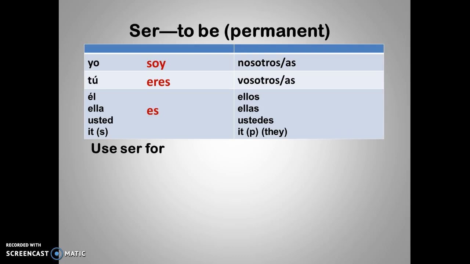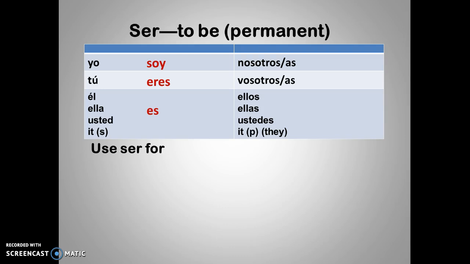And we have used es, as in is, he is, she is, it is, or you are, as in my name is, my address is, my last name is. So we've used this before as well.